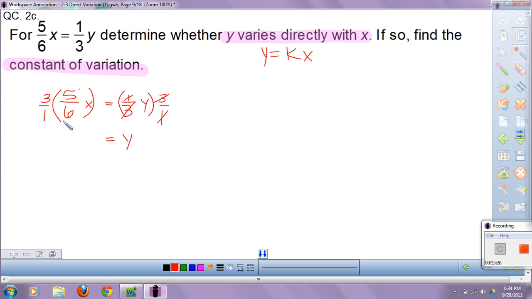You can divide both of them by 3. So 3 divided by 3 is 1, 6 divided by 3 is 2, and you're left with 5 halves x. So your equation is y equals 5 halves x, so it is a direct variation, and your k is the number in front of x, 5 halves.